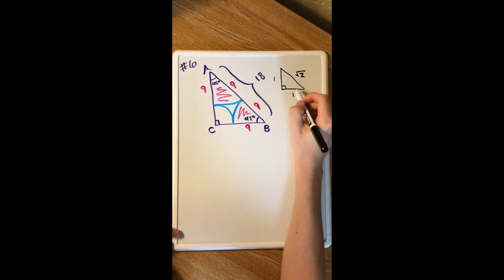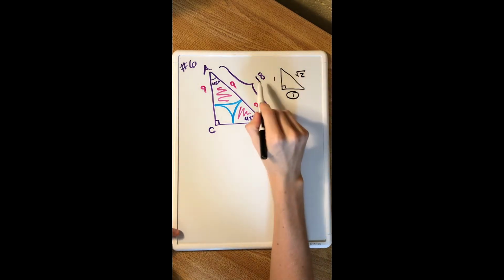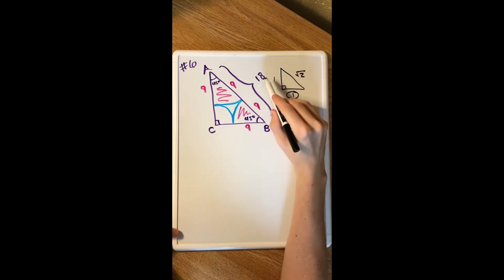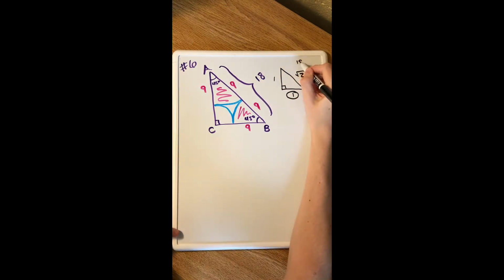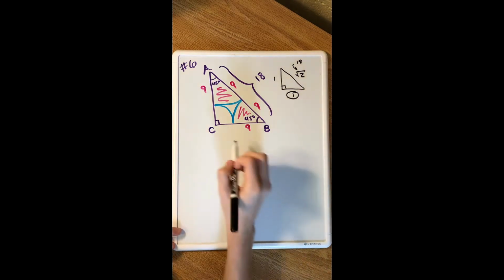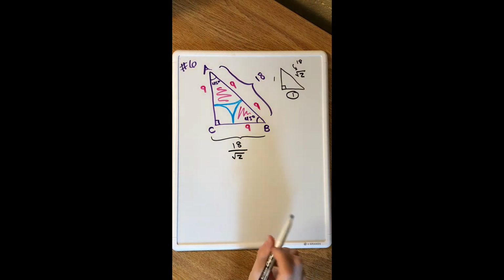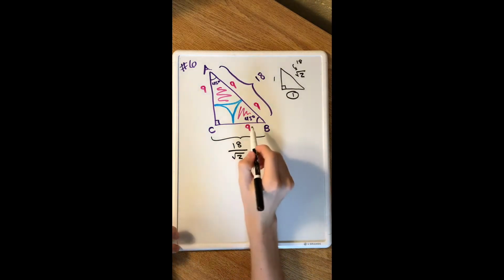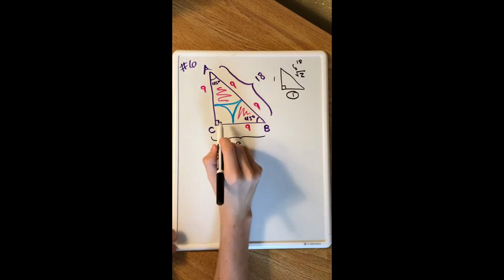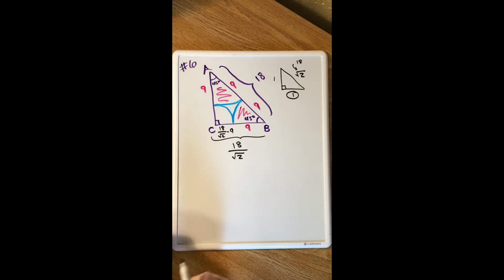So to get this right here, because we already know the hypotenuse, we need to do 18, which would be the radical 2 part, and divide it. So this right here would be the hypotenuse divided by radical 2. And because we already know that this radius right here is 9, we can do 18 divided by radical 2 minus 9. And that gives us the radius for C.